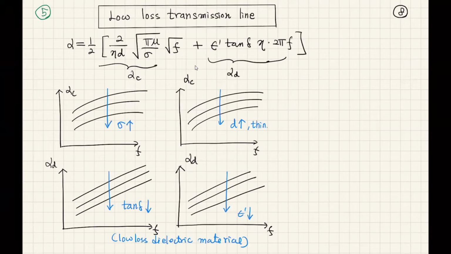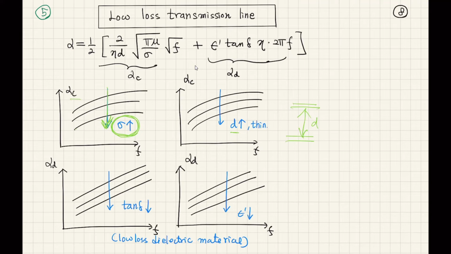So this is another summary of a previous slide. If we increase the conductivity of your metal, conductor loss will decrease from a higher value to a smaller value. Also, if you increase the distance between the two metals, that is not feasible these days anymore.